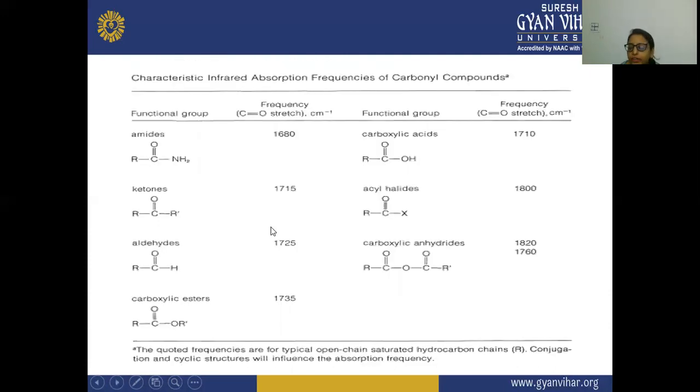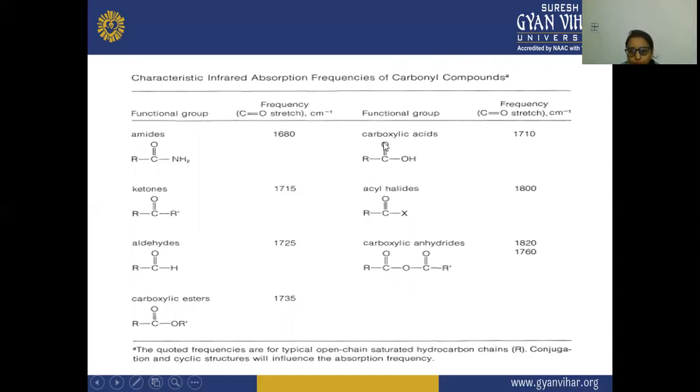Next, these are the characteristic infrared absorption frequencies of your carbonyl compounds. The amides show the C=O stretch at 1680, and the carboxylic acid shows it at 1710.